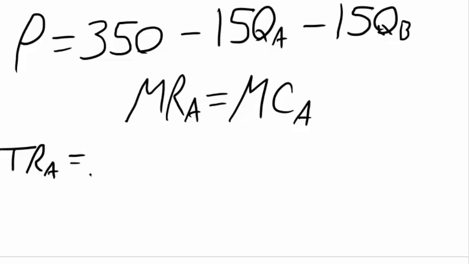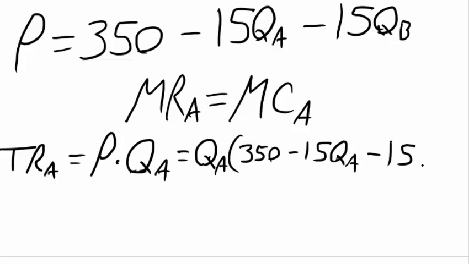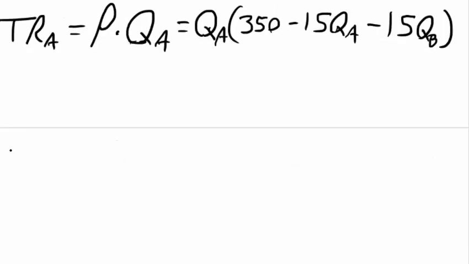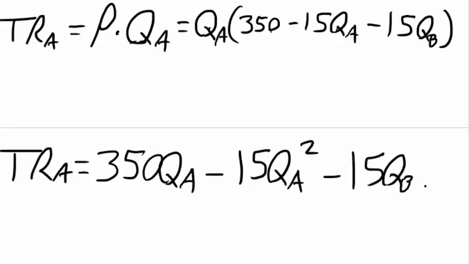And total revenue is price times quantity, and that equals quantity of A times (350 minus 15 QA minus 15 QB). And if we distribute that QA, we get a total revenue of A equals 350 QA minus 15 QA squared minus 15 QB QA.